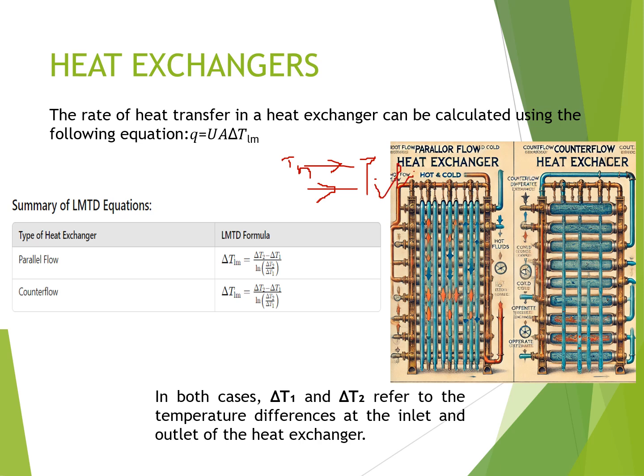And this is suppose the cold fluid, let's assume it as Tc1. So the inlet temperature difference is your ΔT1, and the outlet temperature difference is your ΔT2. Now in case of counter current, if the hot fluid is flowing through this side, that means the cold fluid will come from this side. The entry of the cold fluid will be from this side. So this one will be your ΔT1, and this one will be your ΔT2.